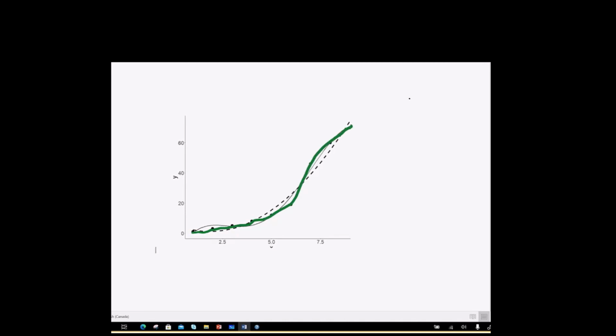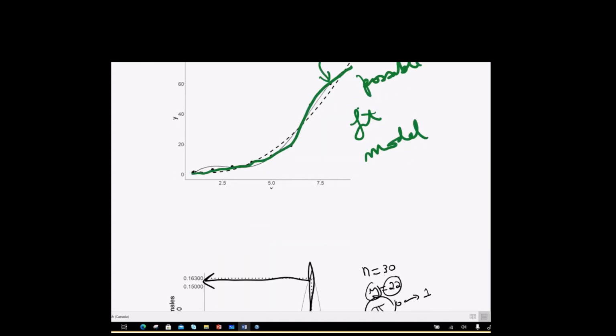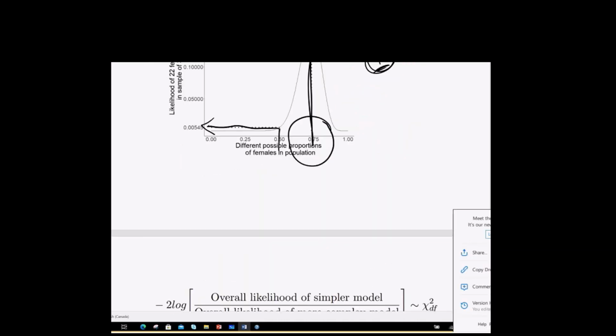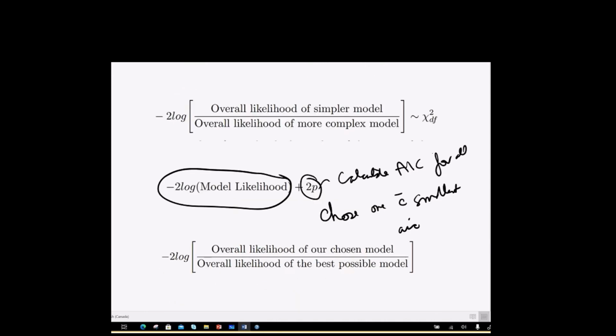So we can get an index of how well our model fits the data by comparing the likelihood of our model to the best possible fit model. And so that's what we do down here in this last equation.